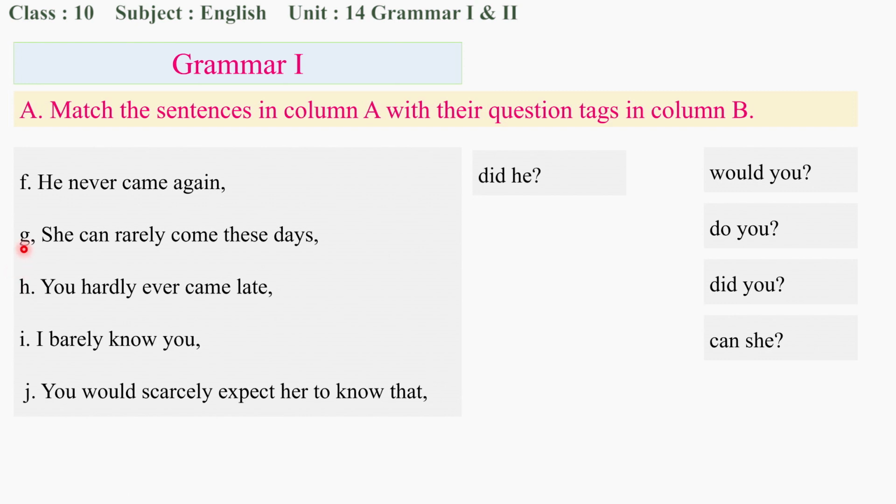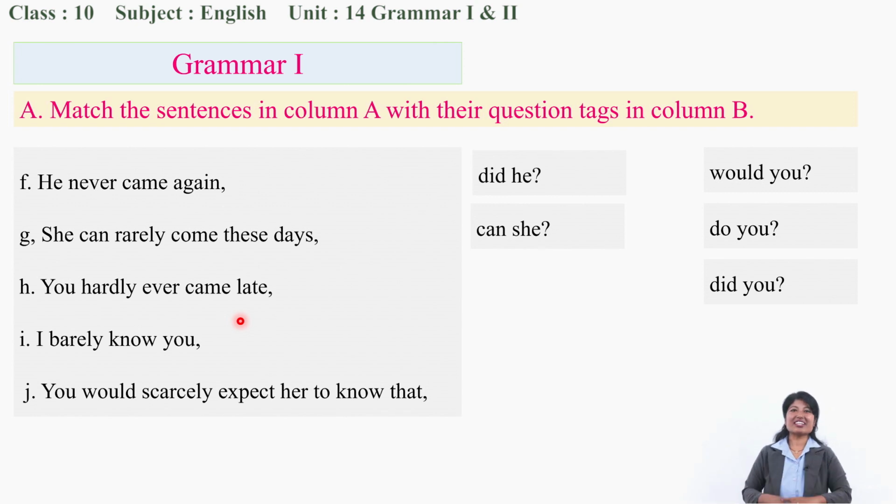Okay. G. She can rarely come these days. What can be the tag question? Can she? Okay, did you guess the same? Very good. H. You hardly ever came late.